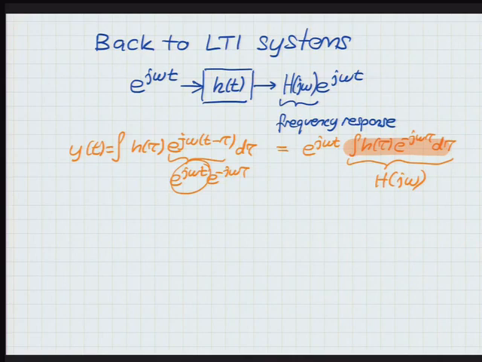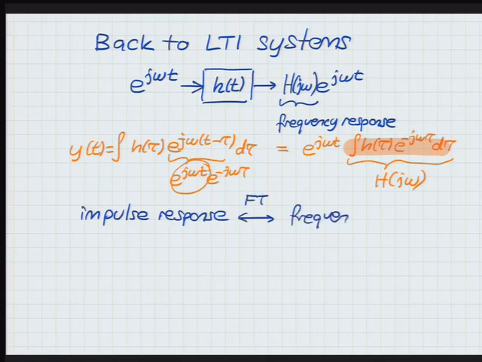So that's important. You need to remember this. If you take the impulse response of an LTI system and take its Fourier transform, it's going to give you the frequency response. Okay? Very important fact.